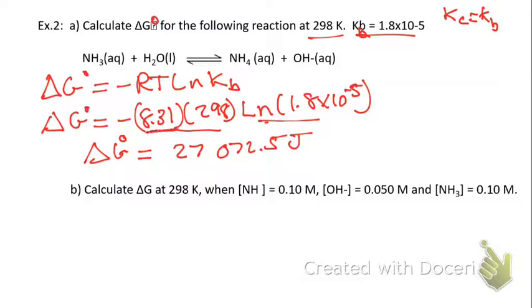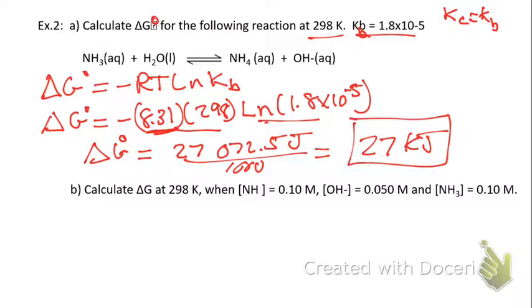Because remember, we'll get it in joules because our R value is in joules. So then I'm going to now divide this by 1,000, and that's going to basically give me 27 kilojoules. And that will be my answer. So it's a positive 27 kilojoules.